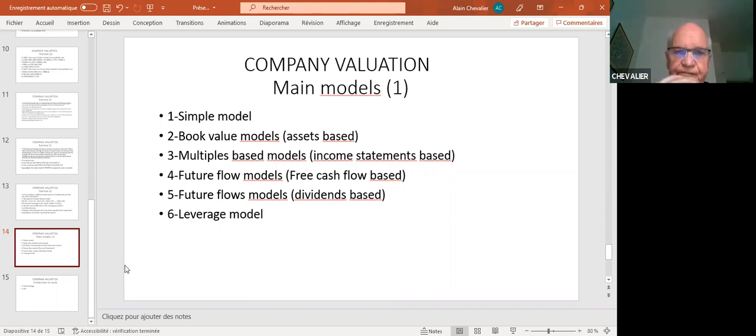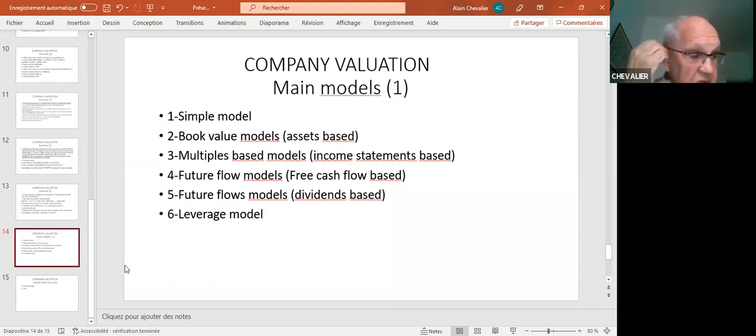For example, if you start here with the dividend-based Gordon-Shapiro model, you have a model which is P equals D divided by K minus G. You know D, the next dividend to be paid.